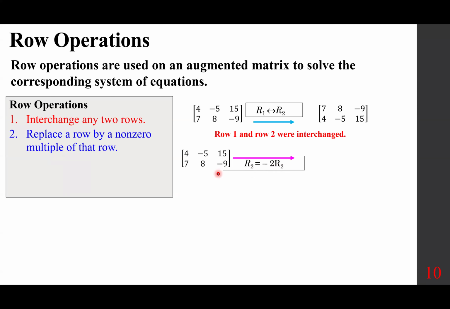So what we are going to do, we're not going to change this. We're going to repeat 4, minus 5, 15. This one we're going to multiply by negative 2, but you have to multiply everything by that. So you multiply by negative 2, and it results in negative 14, negative 16, negative 18.